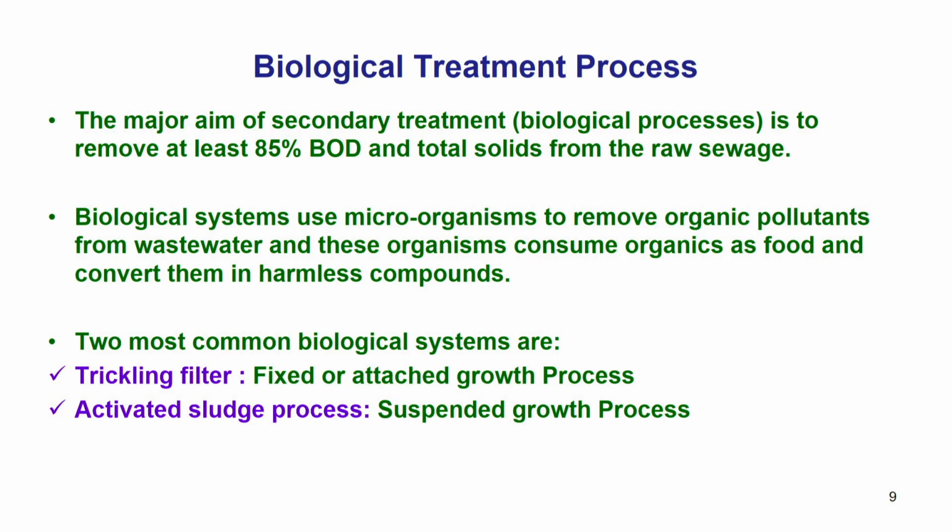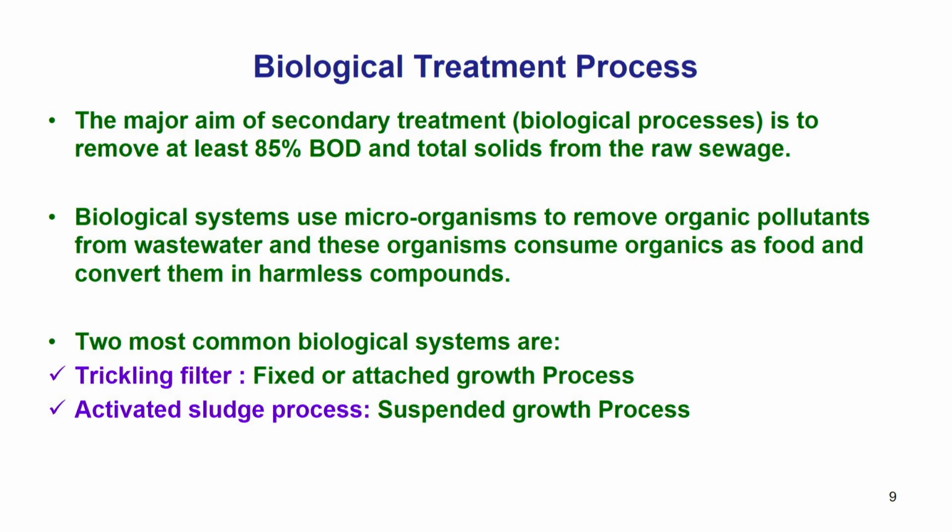Some of the sludge is recycled back in the activated sludge process, but the rest has to be disposed of safely. These are the two common biological methods which I have already discussed in the previous slides: the trickling filter and the activated sludge process. Trickling filter is an example of a fixed or attached growth process, while the activated sludge process is a suspended growth process.